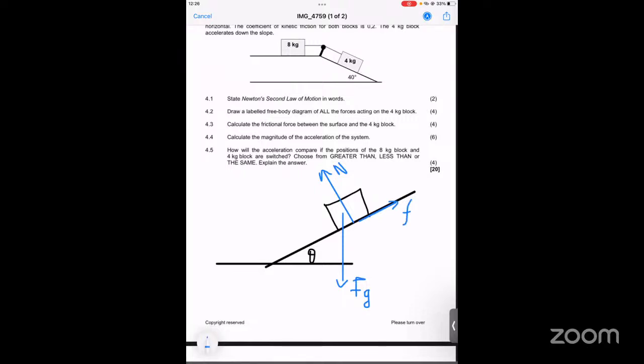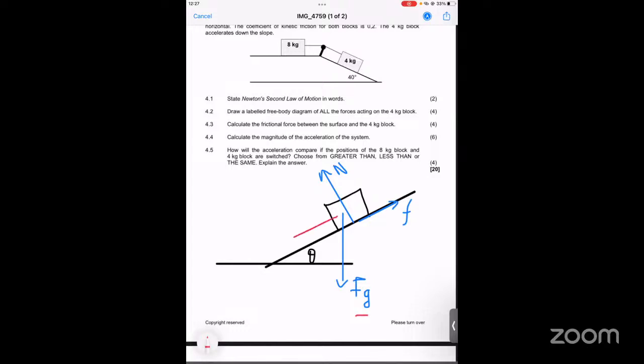And then the other thing that you need to be aware of is the fact that this object is moving down the incline, not because of the frictional force or the applied force, but because of the component of that force.